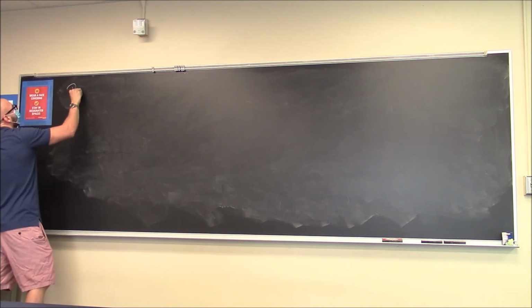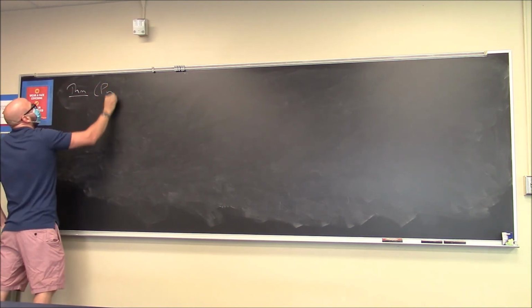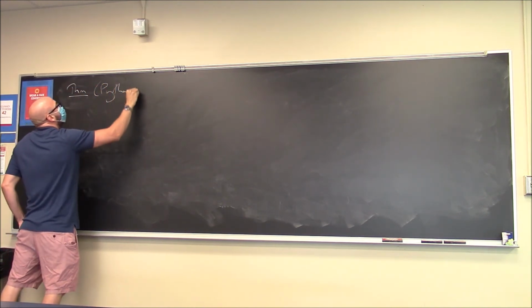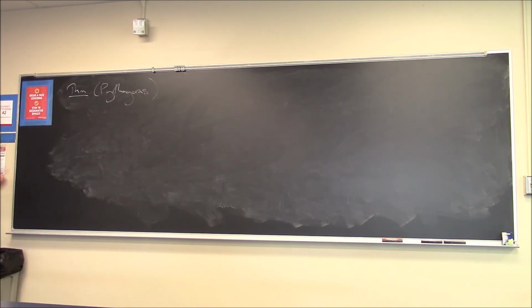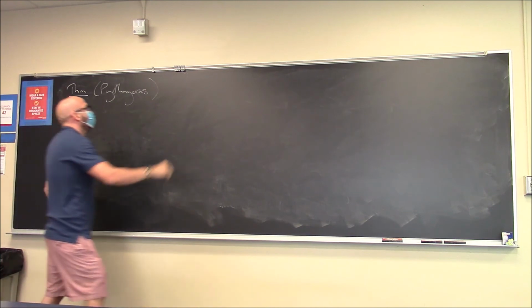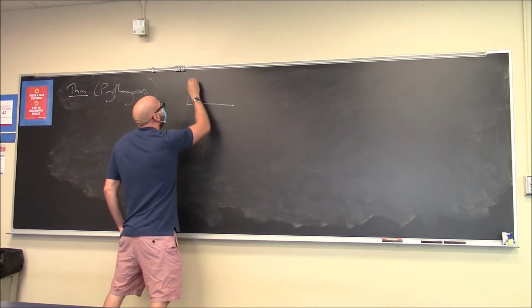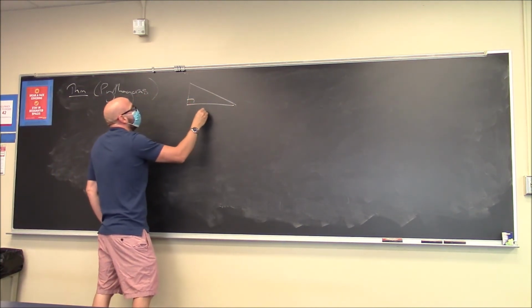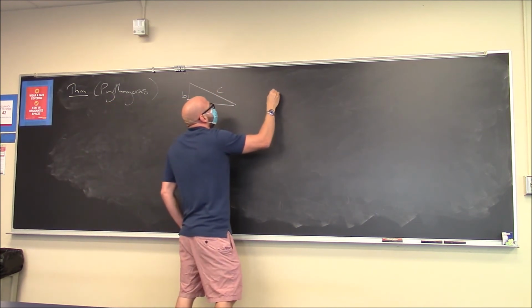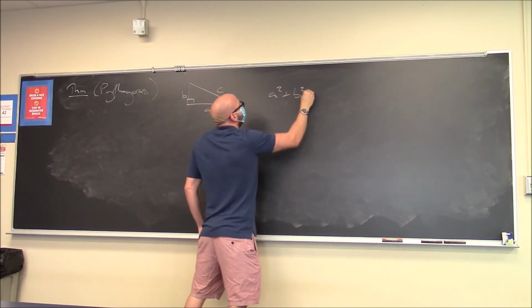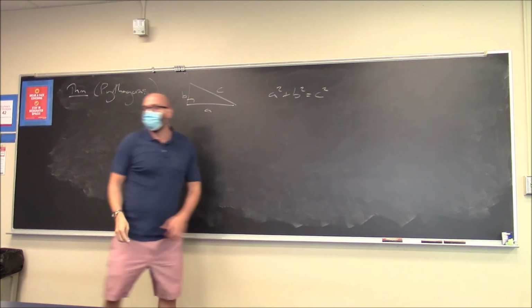So this is the theorem, and it's Pythagoras. And I won't write down all the details because if you know anything about math at all, you know the Pythagorean theorem says if I have a right angled triangle, side lengths A, B, C, then A squared plus B squared is C squared.